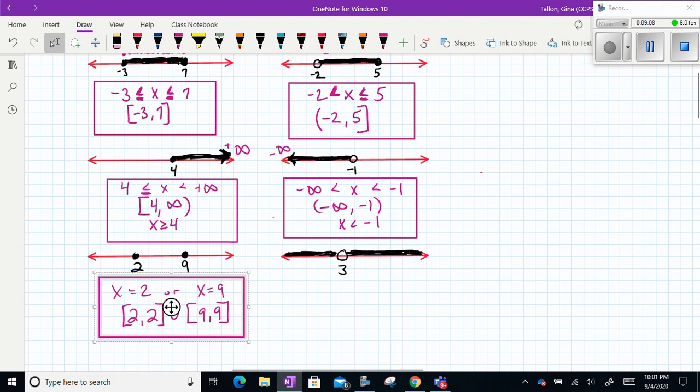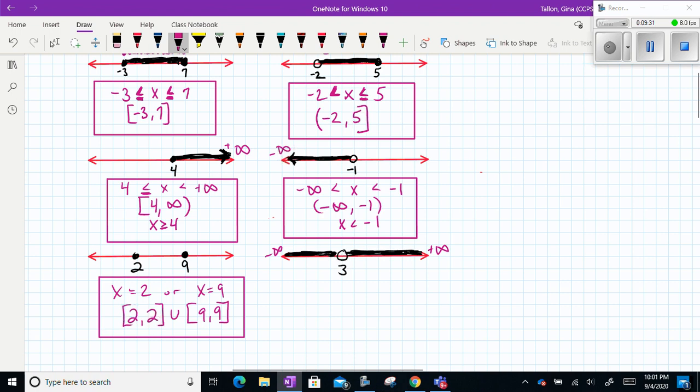There we go. And over here on the very last one, it looks like I want everything except that 3 value. So I would suggest we go to interval notation again because I do have an infinite number of values here. This would be negative infinity, and over here to the right would be positive infinity.